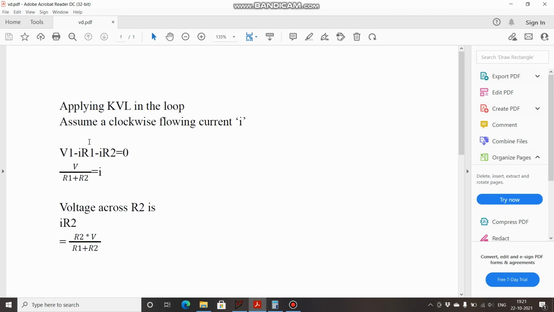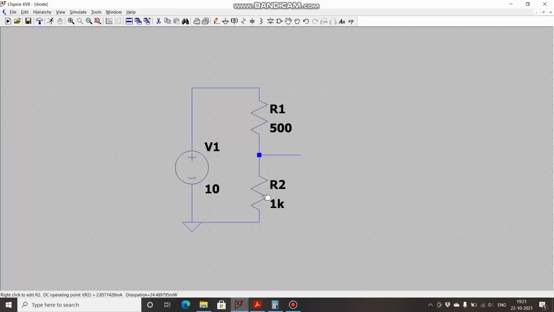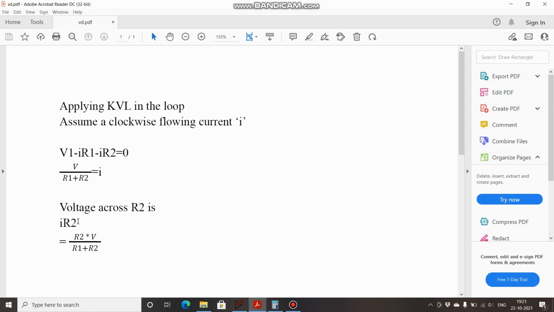Keep V1 on this side, take this term to the other side, take I common, and what you will get is V1 equal to I times R1 plus R2, so I equals V upon R1 plus R2. That's the effective current that is flowing in the loop, and the voltage across this R2, that is our output over here, is equal to current into this resistance. So it is R2 V upon R1 plus R2.